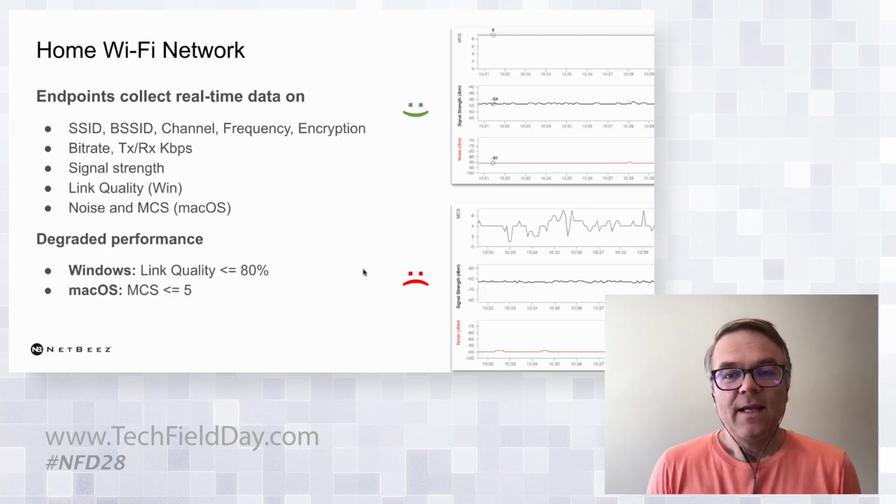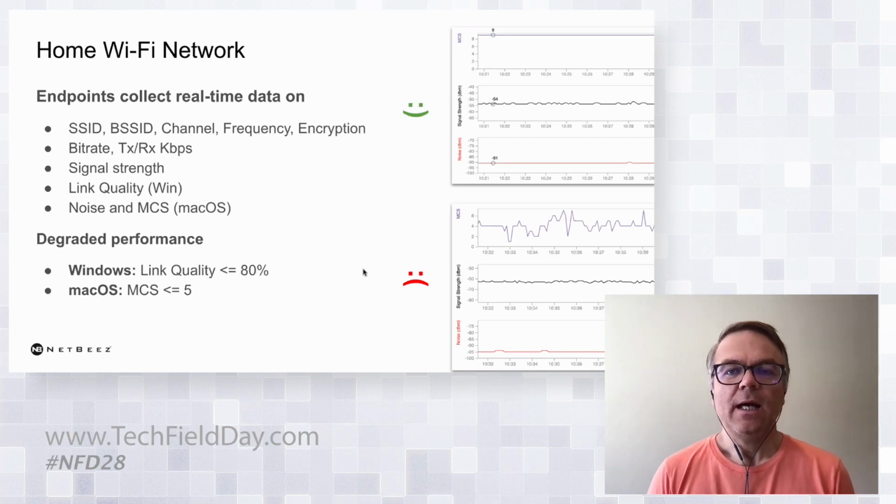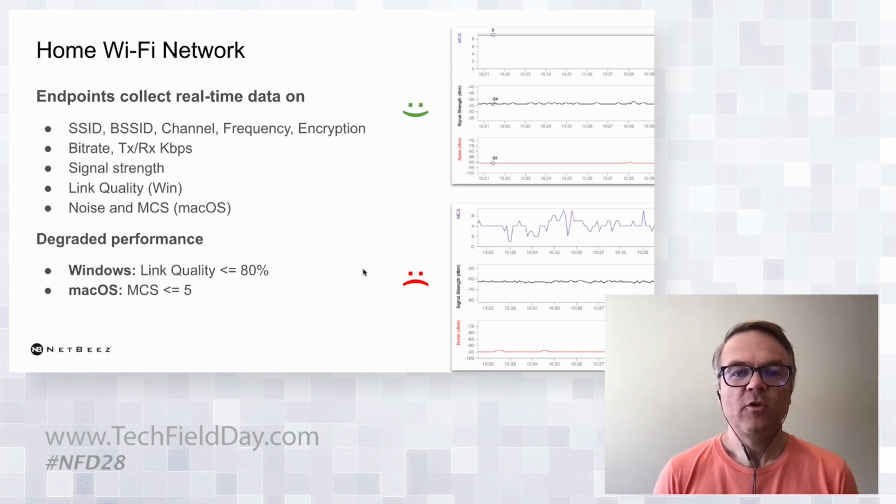In terms of Wi-Fi, the next weak link, I would say, in this long chain of root causes of bad user experience, we capture a number of metrics that have to do with the Wi-Fi connectivity of the user, like signal strength, link quality, MCS or MAC.